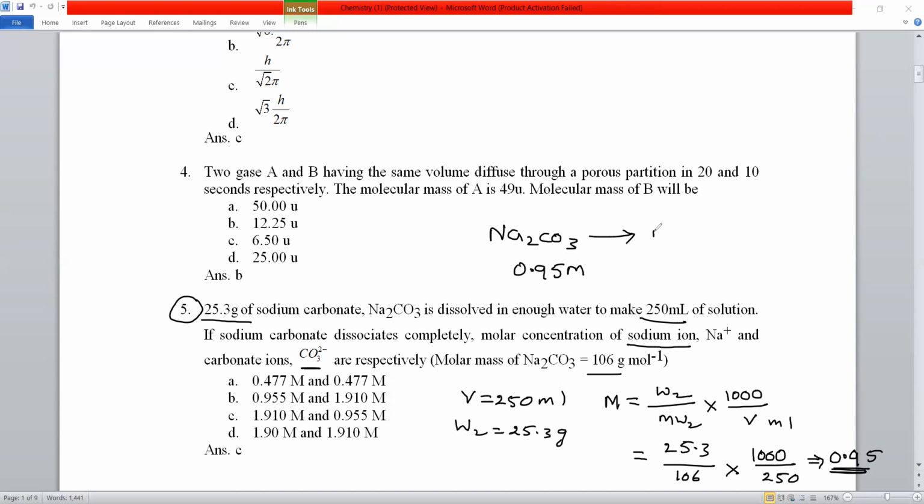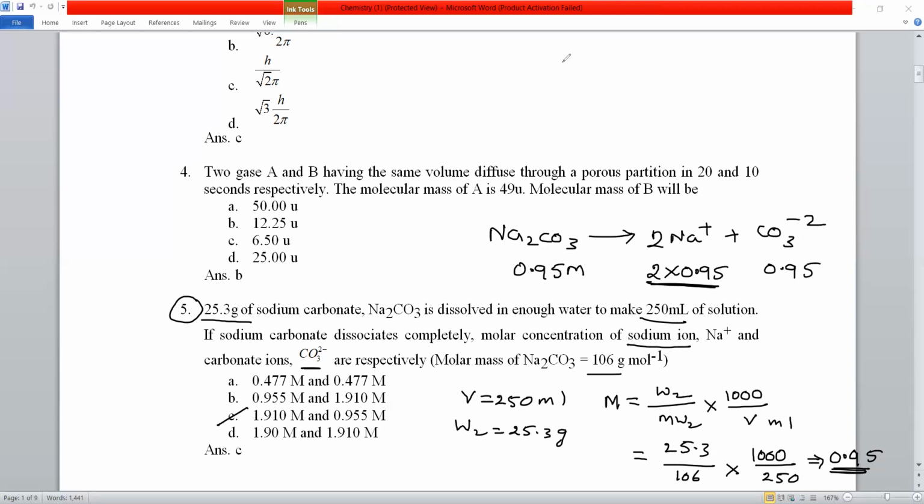This will be dissociated into 2 Na plus and CO3 2 minus carbonate. That means the concentration of Na plus is 2 times 0.95, and the concentration of carbonate is 0.95. On multiplying, you will get 1.90 and 0.95. So we got option C.